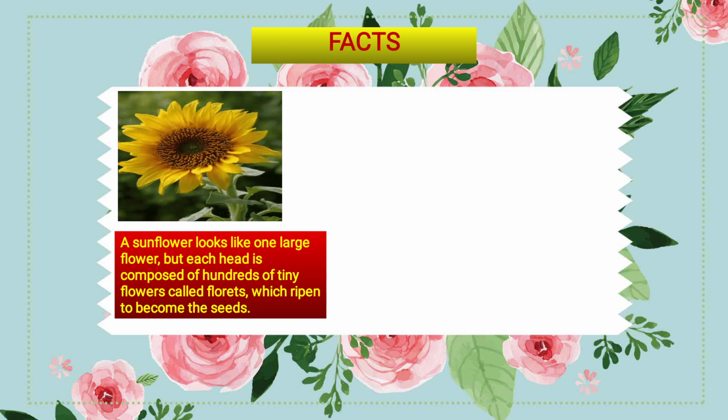Now you see in the middle, the highlighted parts, hundreds of florets are there, the disc florets. These florets will ripen to become the seed. Inside this, the ovary is present, and the ovule will ripen into seed. So sunflower is not only one flower, hundreds of flower parts together form one sunflower, okay. So this is a fact.